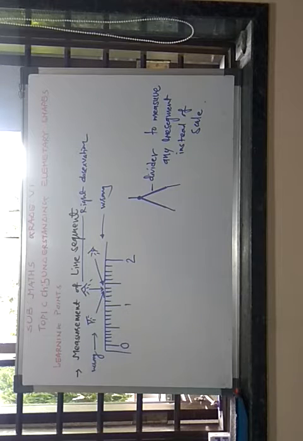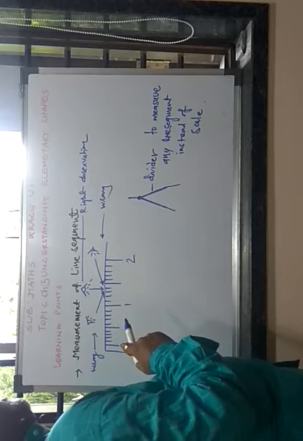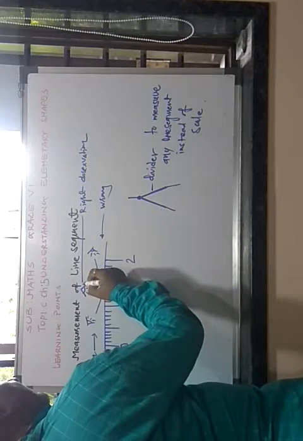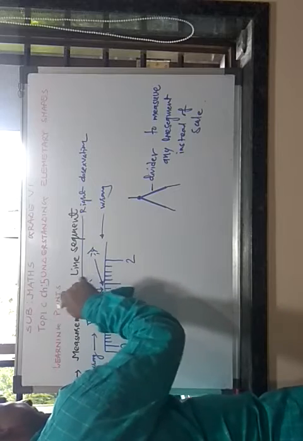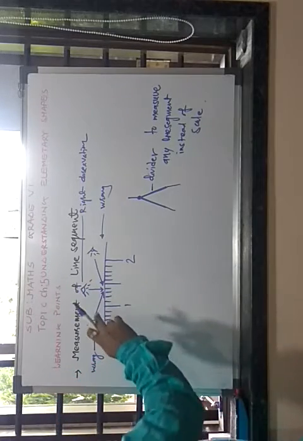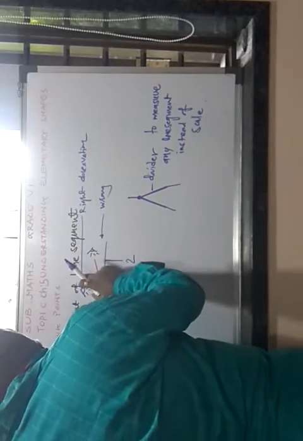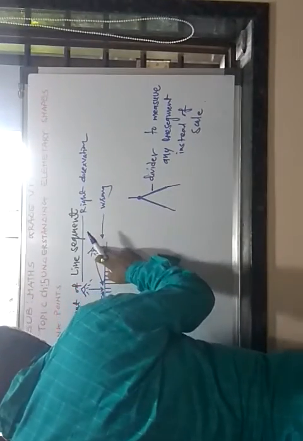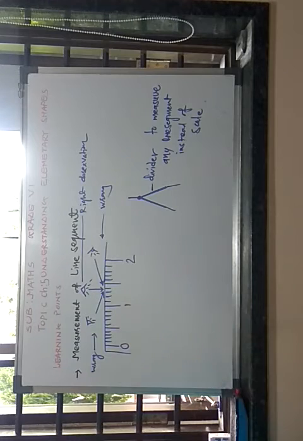So who observes the right way? Students, the person who reads perpendicularly is the right one, right? This is a wrong observation, this is also a wrong observation, correct?